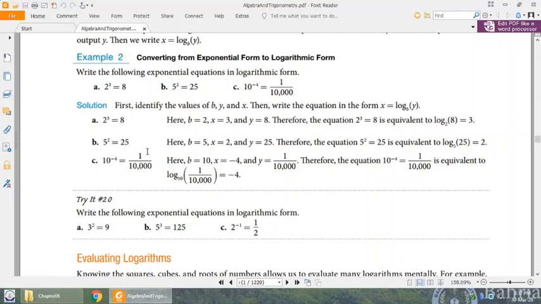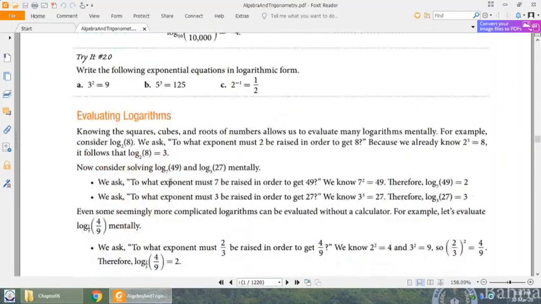And this is approximately equal to y in this case. So now log to the base 10 into this is equal to minus 4. Now log to the base 10 is basically log. It's as simple. You just don't have to write the base 10. When you don't write it, it is understood that it's the common log, and the terminology is common log. And into this is equal to minus 4.